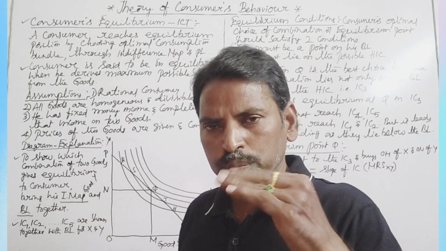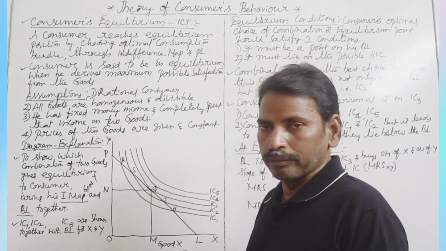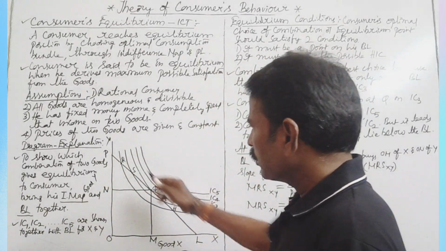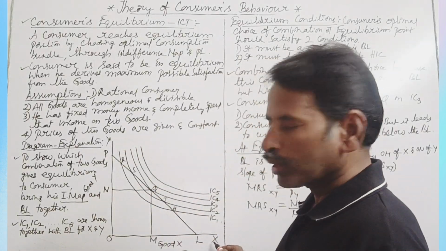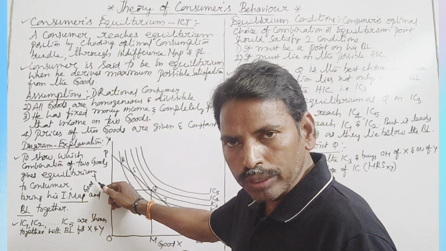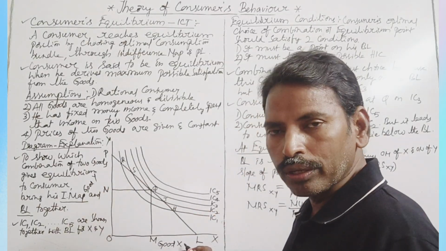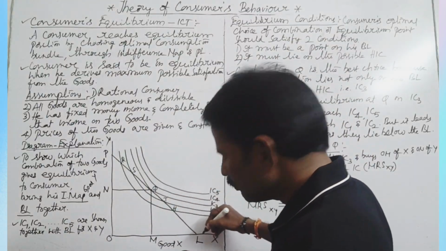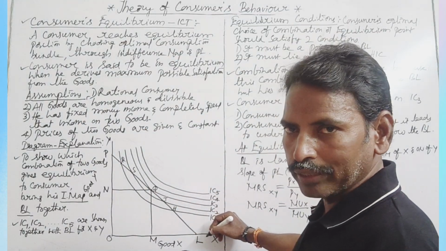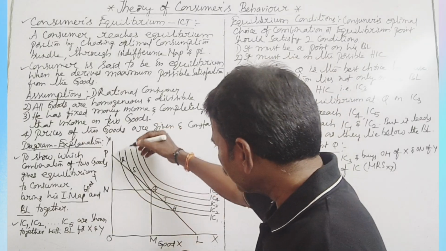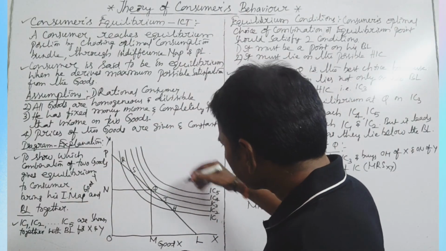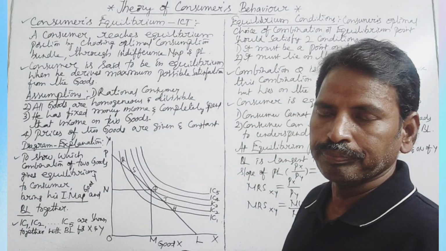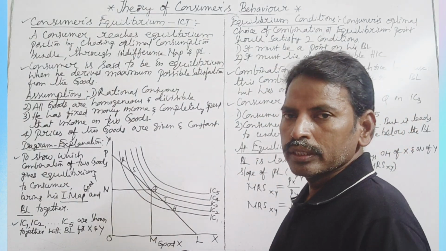Consumer's equilibrium explained with the help of diagram. So, draw an L shape, mark YOX. Good Y is measured on the Y axis, good X is measured on the X axis. First, draw the price line. PL is the price line. Then draw IC1, IC2, IC3, IC4 and IC5.